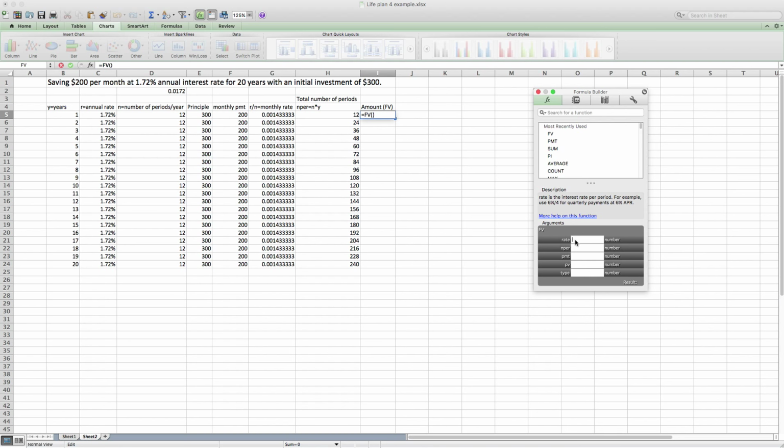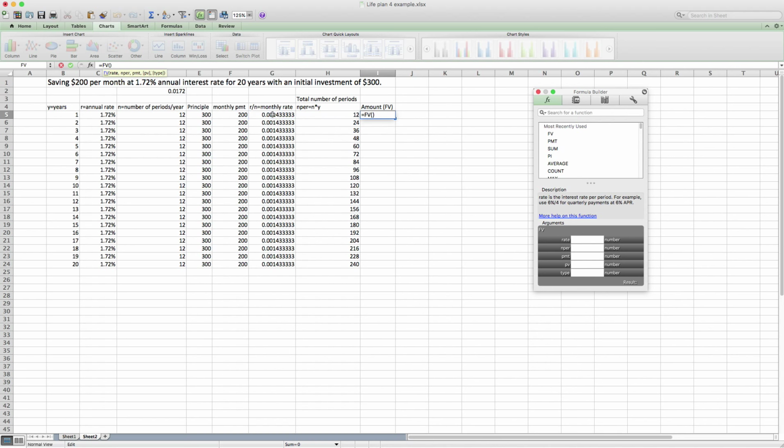But in our case, we are compounding monthly at 1.72%. So we could either type in 1.72% divided by 12, or we've already done that right here.